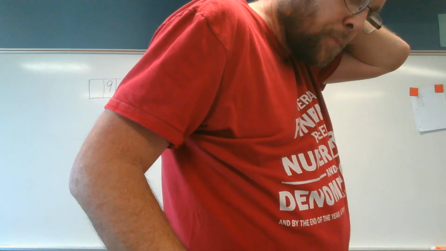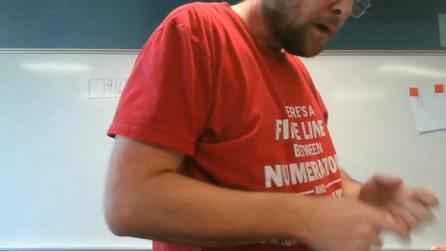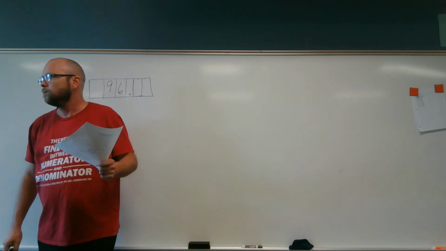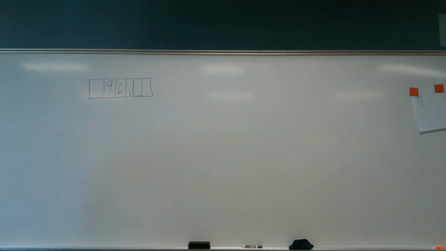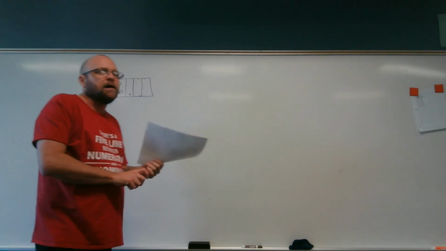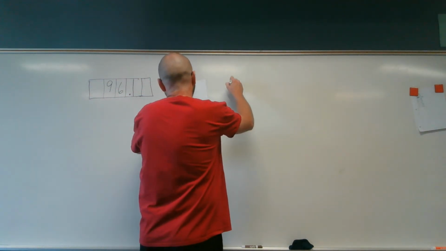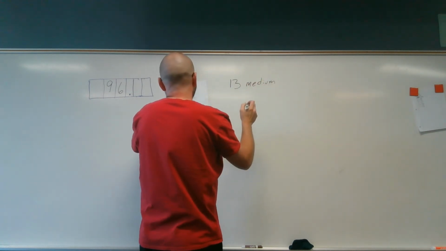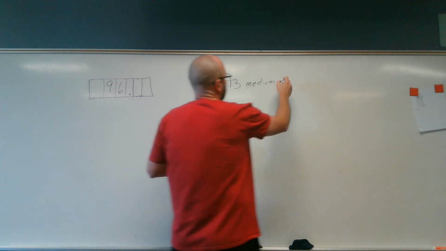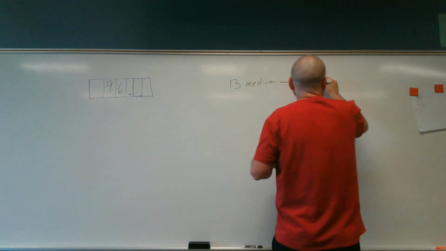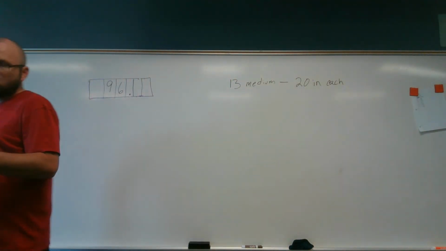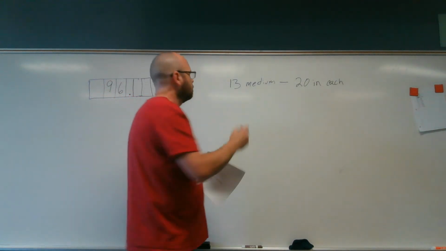All right, so we're going to look at the bottom one, the problem with Kendra. Kendra has 13 medium-sized bags of candy. Each medium-sized bag has 20 candies. She has 1 large bag of candy.